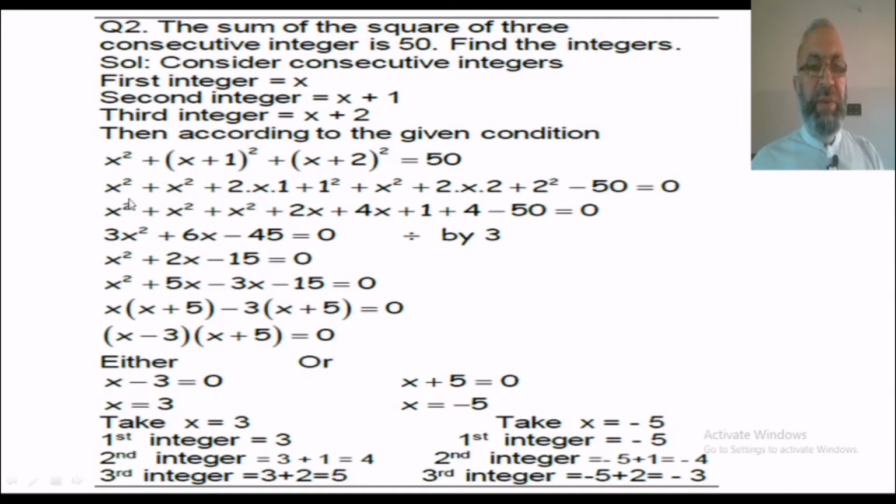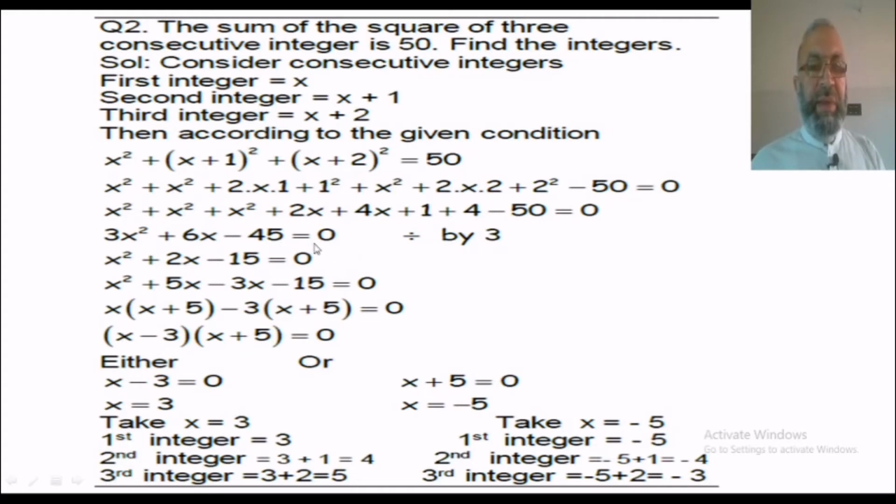Now simplifying, x square and x square and x square, these three x square, plus 2x plus 4x, now constants, 1 plus 2 square, which is 4, and minus 50. So adding like terms, we get 3x square plus 6x, 1 plus 4 is 5, minus 50 becomes minus 45, equal to 0.